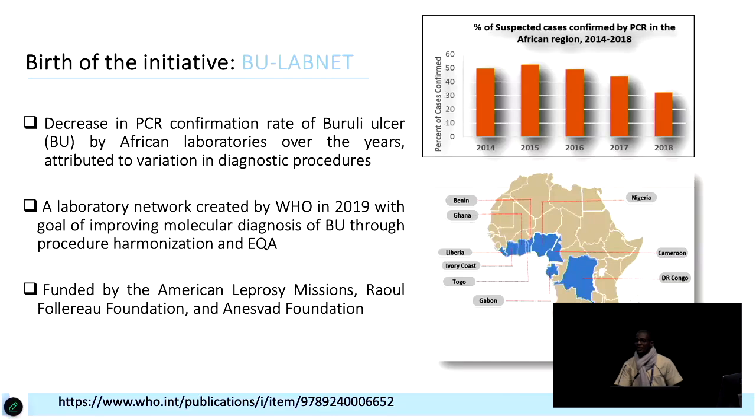Now, amongst other factors, the decline in the BU PCR confirmation rate by most African countries over the years has been attributed to these differences in diagnostic procedures, and this has led to the increasing need to harmonize.